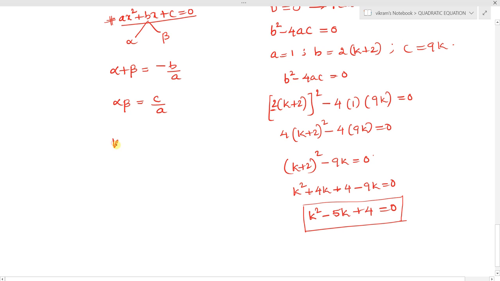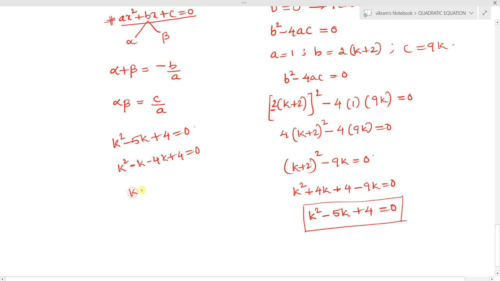How to solve this? k square minus 5k plus 4 equals 0 can be written as k square minus k minus 4k plus 4 equals 0.